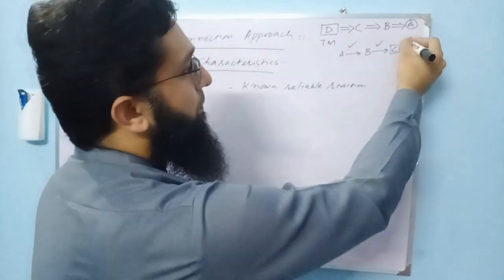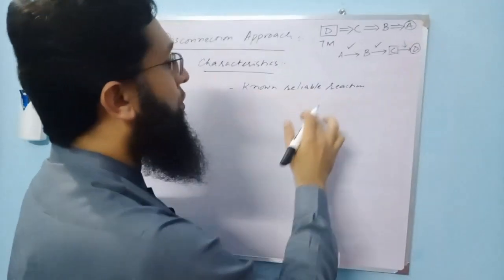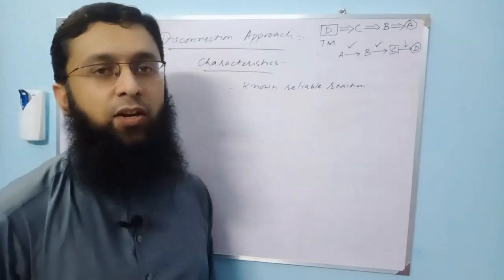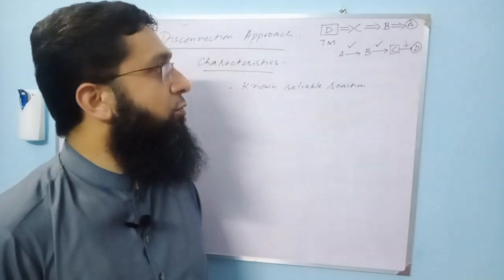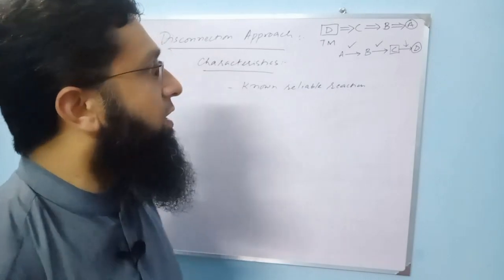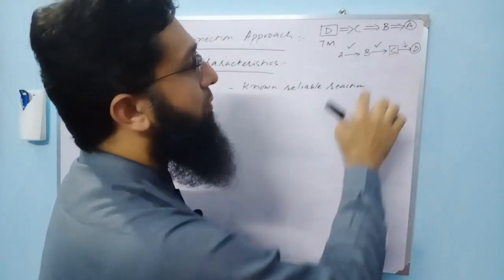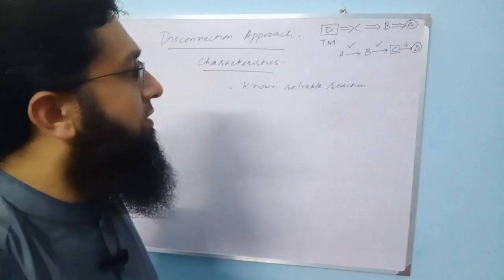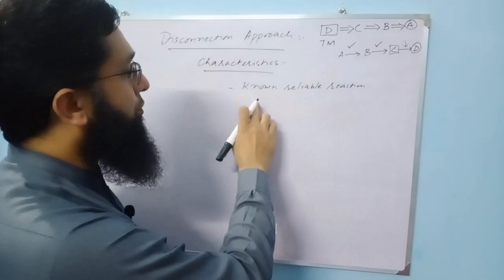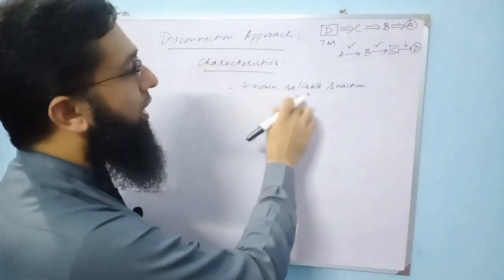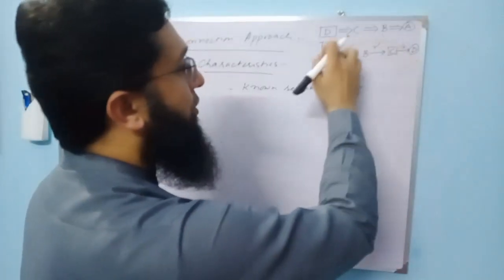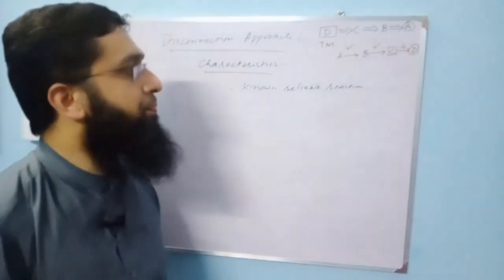If this step is not a known or reliable reaction, then of course in order to increase the yield and outcome of the reaction, we have to optimize the reaction conditions, and while doing so there is a possibility to waste the compound. Therefore it is necessary for us to choose or pick a reaction which is known and reliable, so that nothing could be wasted. If we waste it, we have to repeat all the series once again.